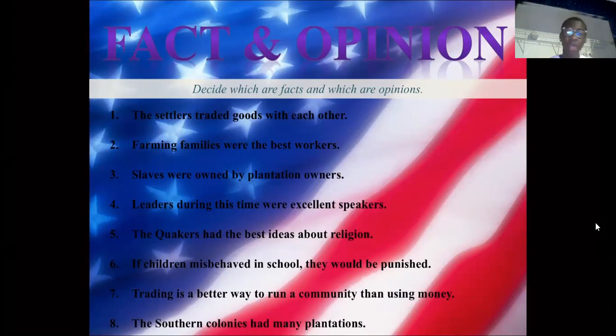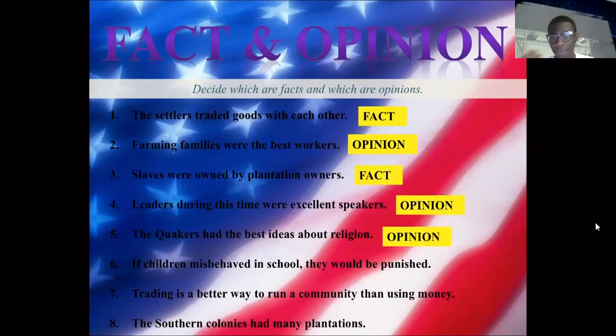That's an opinion. The southern colonies had many plantations. That's a fact. Let's just check it out. Fact, opinion, fact, opinion, opinion, then it's fact, then it's opinion, then we're back to fact.